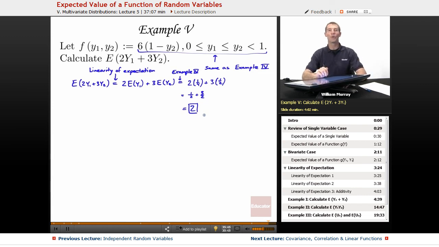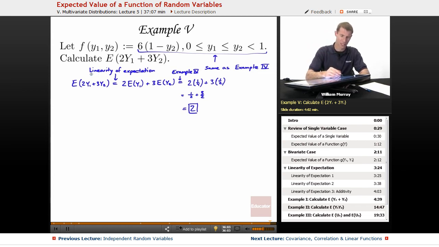We didn't have to do another double integral. And the reason we didn't have to do another integral is because this is the same setup as example 4, and we already worked out the basic values in example 4, and now we can just extend that using linearity of expectation.